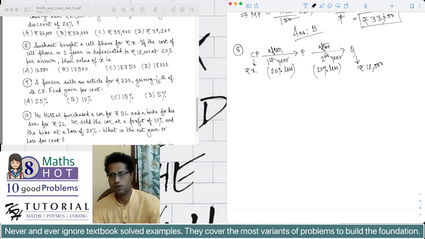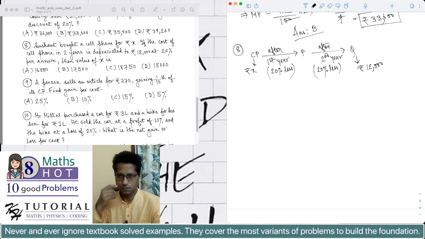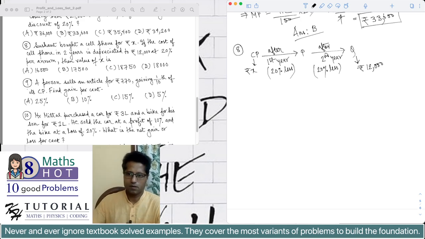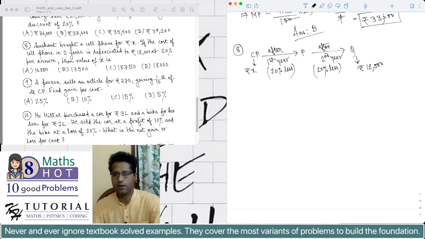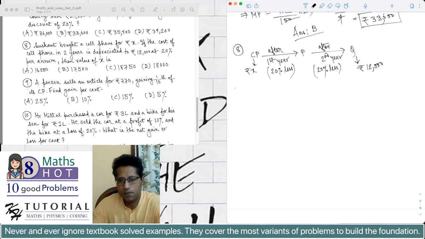So the CP, which was the original cost, rupees X, decreases by 20% to give the price P, and the price P again decreases by 20% to give the price Q, which is equal to 12,000. So we have to find what is X. Okay. So what will be P?